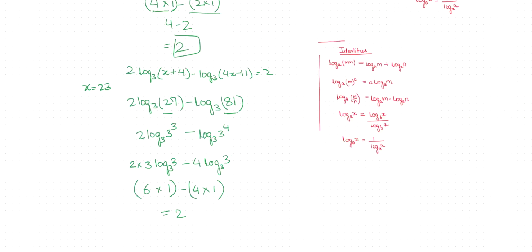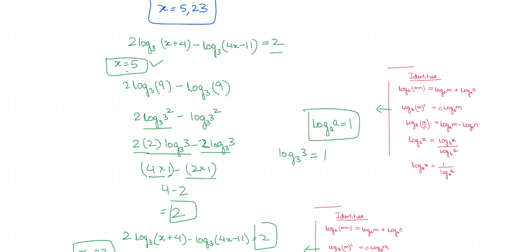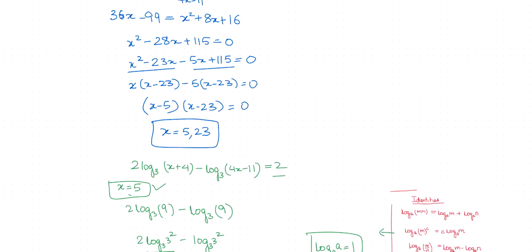So we again simplified this using property 2, and then we see that log base 3 of 3 is 1. So 6 times 1 minus 4 times 1 is 2. So we got the right hand side. It means our solutions x is equal to 23 and 5 both work. So this is a correct solution.